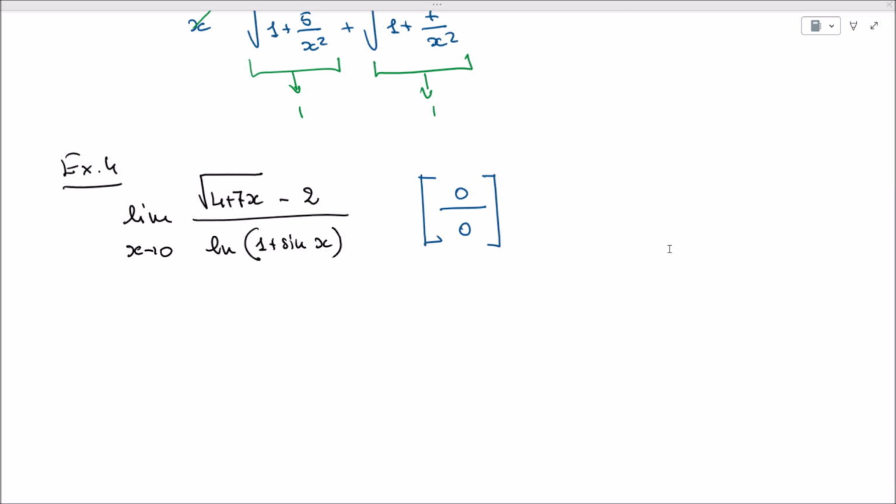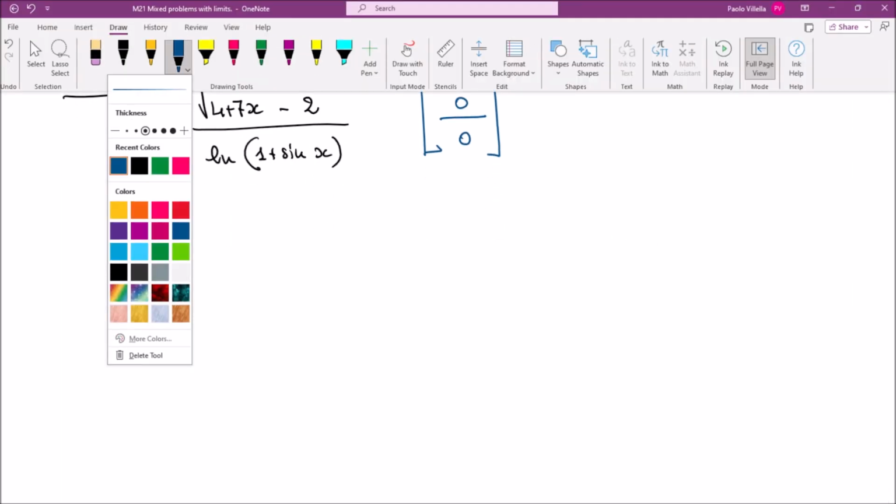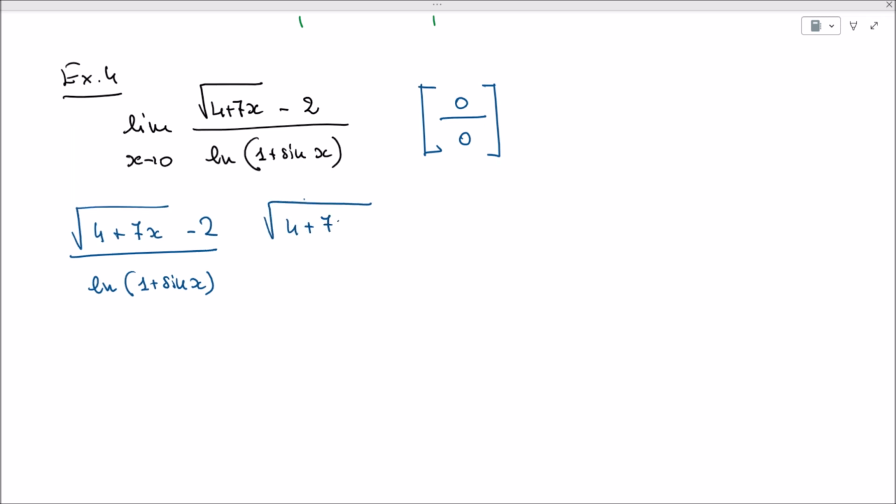So the problem is, once again, how can we get rid of the square root? Well, what we can do is basically rewriting the function square root of 4 plus 7x minus 2 divided by the logarithm of 1 plus sine of x. We can multiply and divide by the square root of 4 plus 7x plus 2.